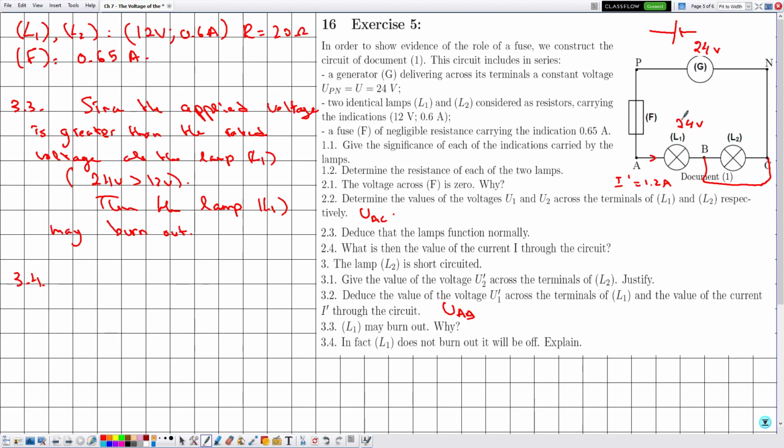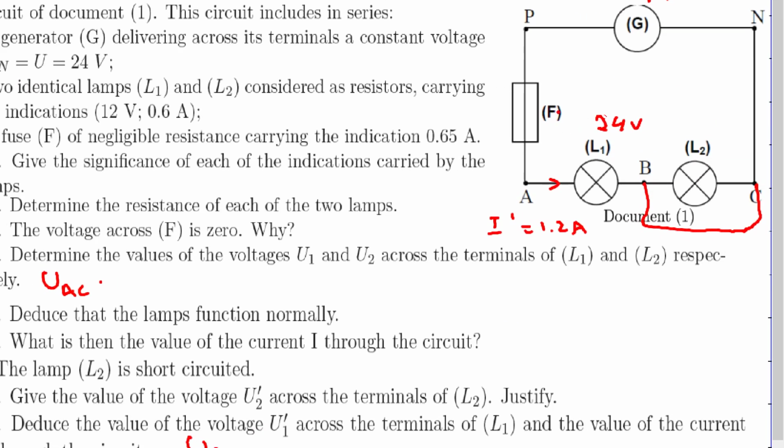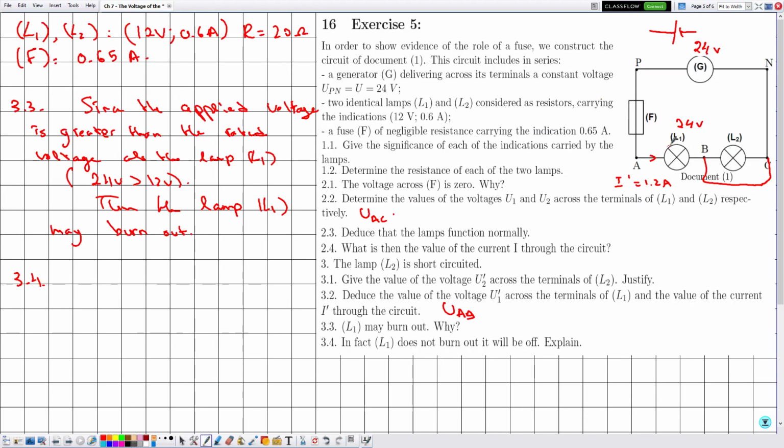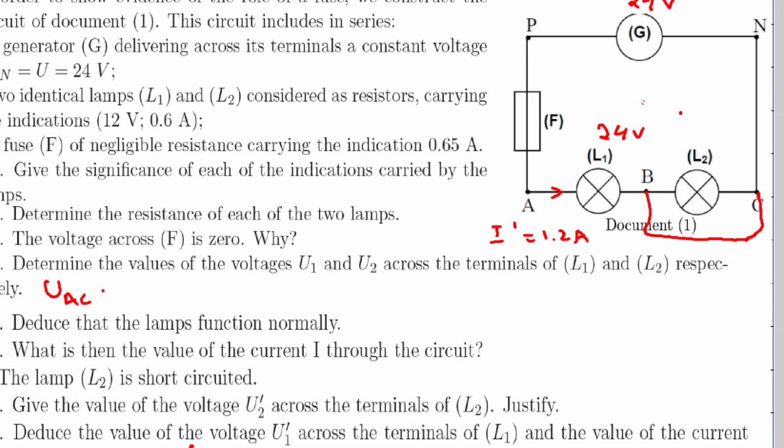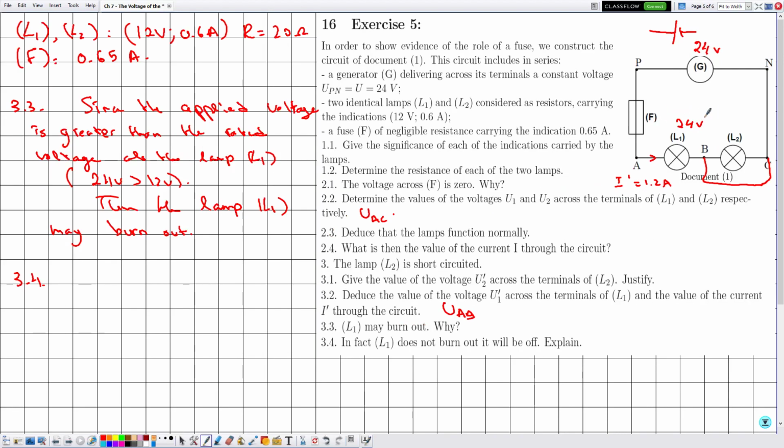Now let me also mention that the response of the fuse is much faster than the response of the lamp. So although the lamp may burn out, at the same time we need to consider that the fuse will cut off the circuit, and this cutting off is due to the response of the fuse being much faster than the burning out of the lamp.